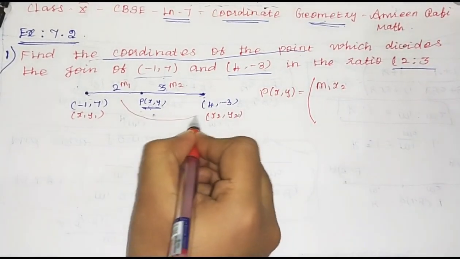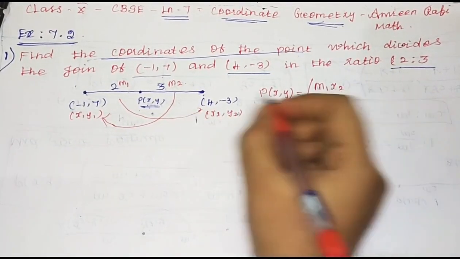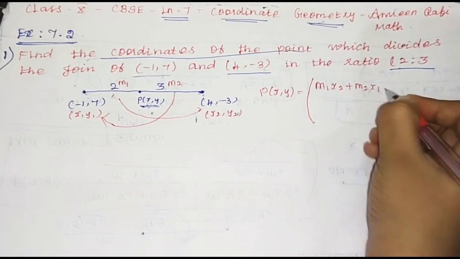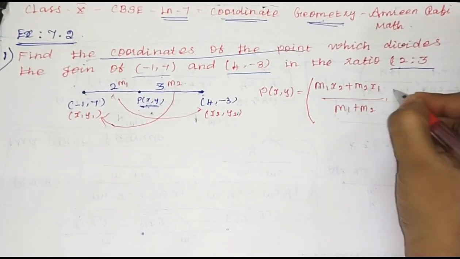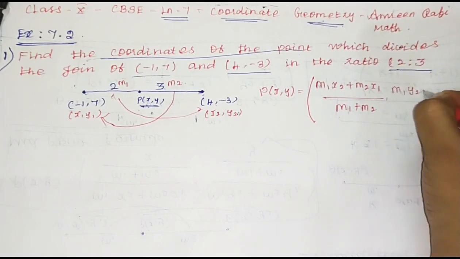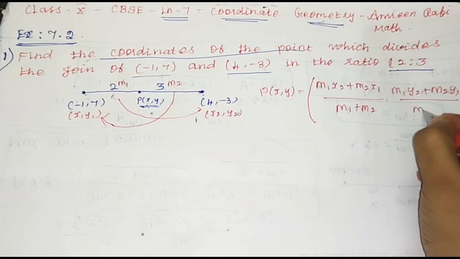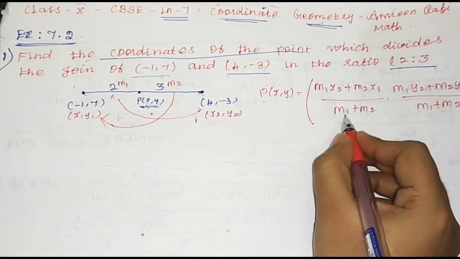Already you know the formula. I told you the shortcut method. Draw this diagram and memorize. m1 x2 plus m2 x1 divided by m1 plus m2, comma m1 y2 plus m2 y1 divided by m1 plus m2. This is the section formula.